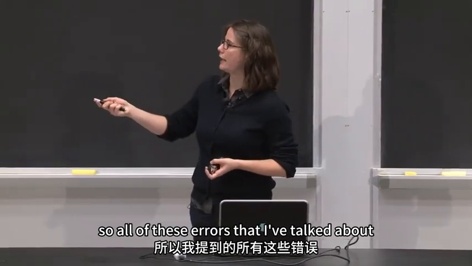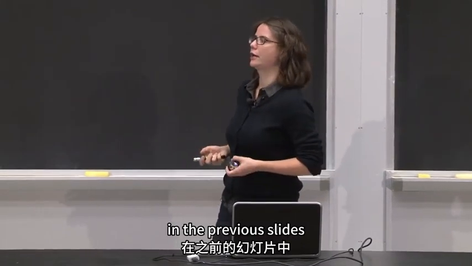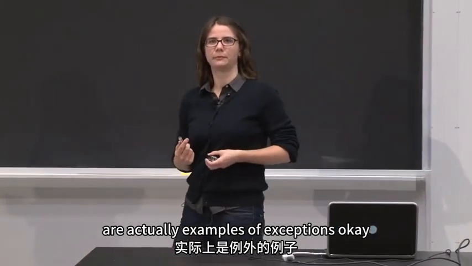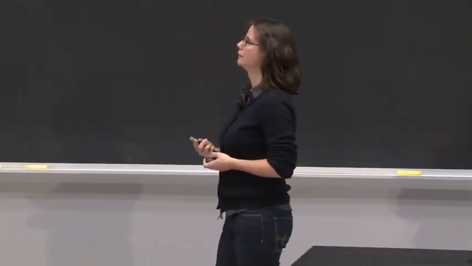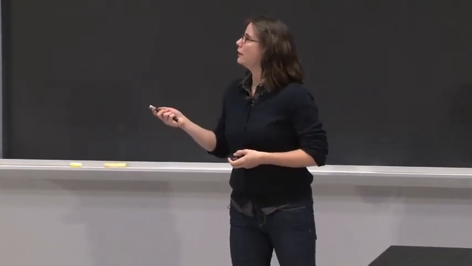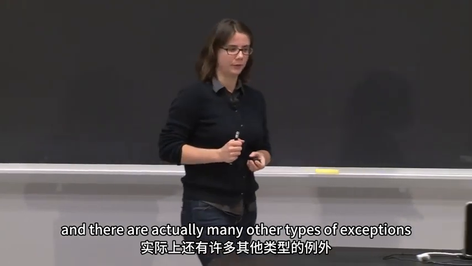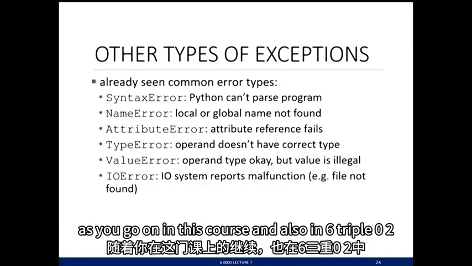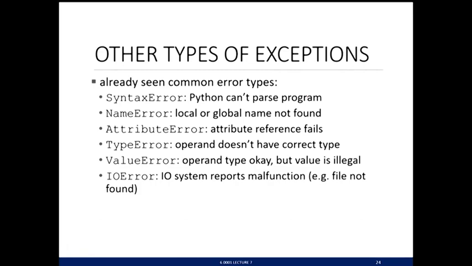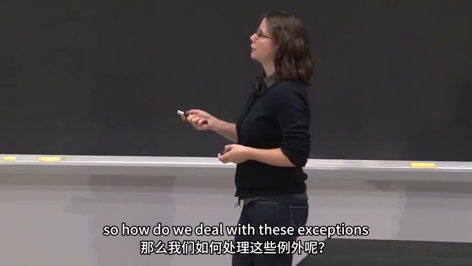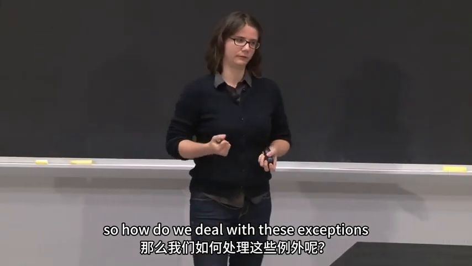So all of these errors that I've talked about in the previous slides are actually examples of exceptions, okay? And there are actually many other types of exceptions, which you'll see as you go on in this course and also in 60002. So how do we deal with these exceptions?